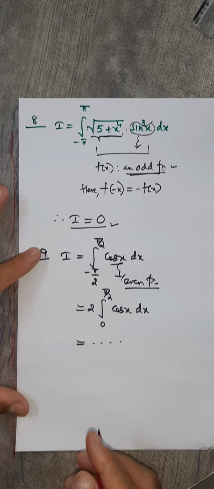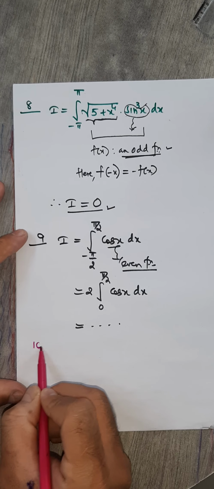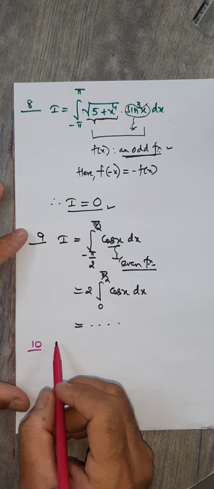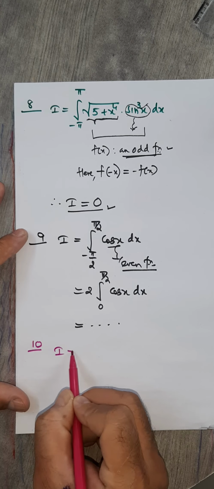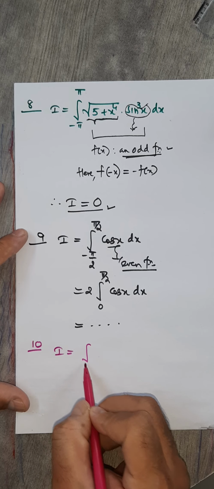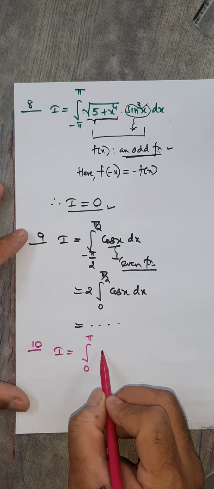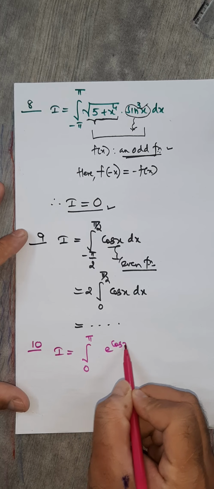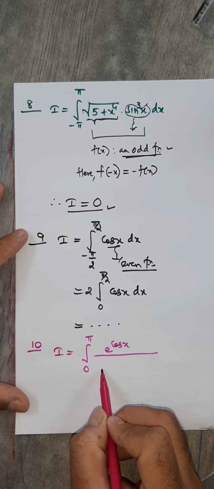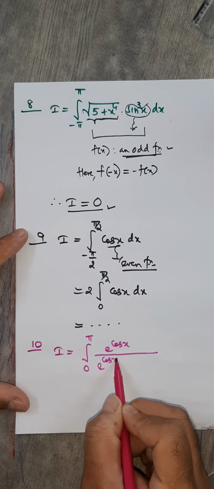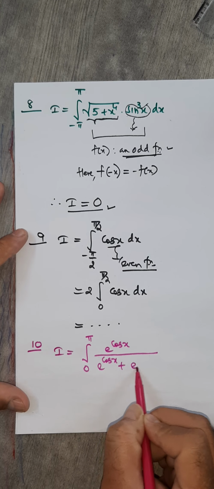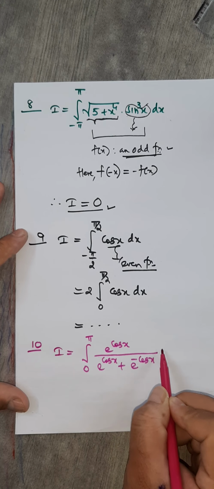One more here. Let's see this question. Question number 10 here. I equals integral 0 to pi of e raised to cosine x upon e raised to cos x plus e raised to minus cos x.